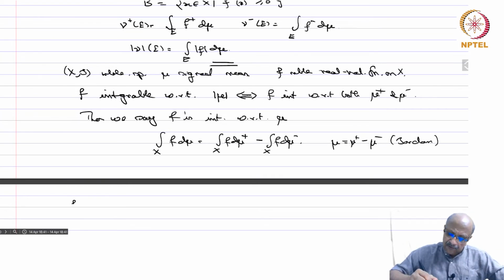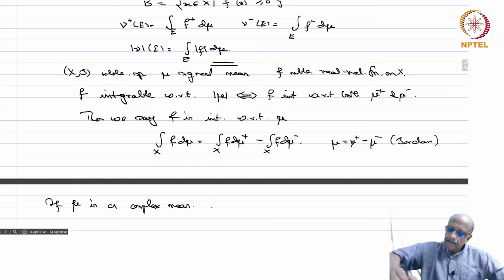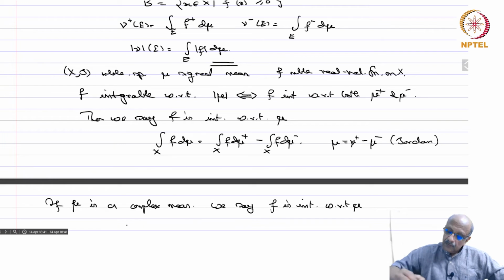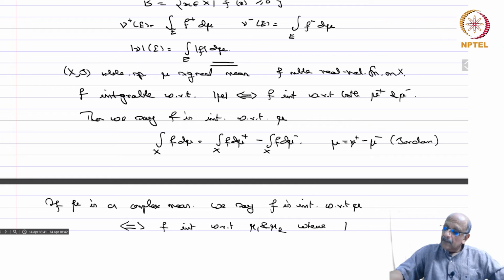So if mu is a complex measure, we say F is integrable with respect to mu if and only if F is integrable with respect to mu1 and mu2, where mu equals mu1 plus i mu2.